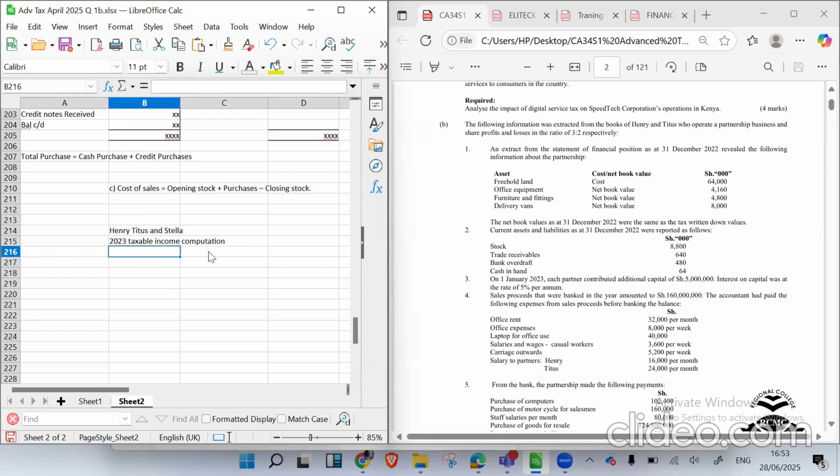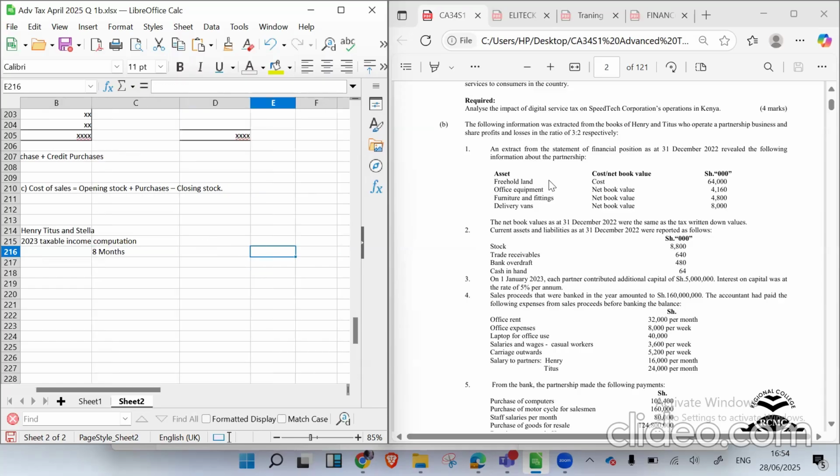So hapa tuko na, I think it's 8 months, January to August. Tuko na 8 months. Alafu tuko na 4 months, September, October, November, December.